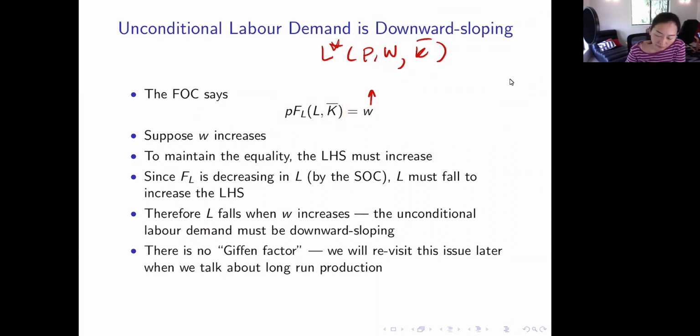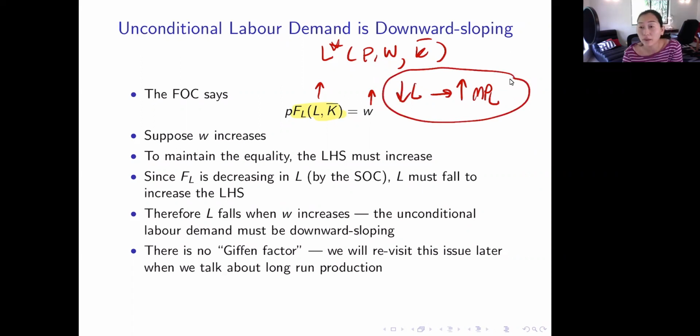But since the output price is fixed, we need MPL to increase. For MPL to increase, by the law of diminishing marginal returns, L has to fall. L falls, MPL would increase. You have to decrease L so that the marginal product of labor would increase.